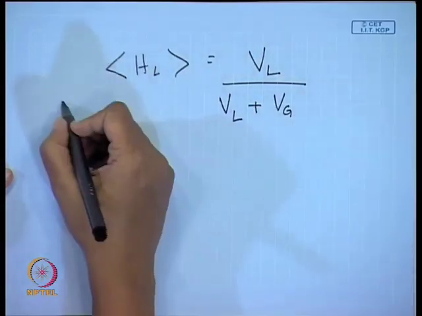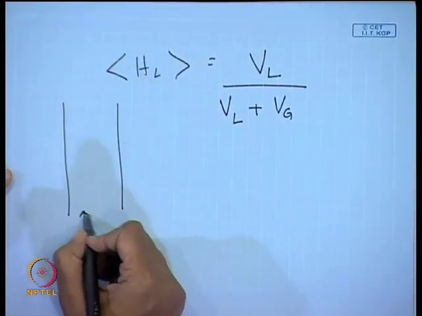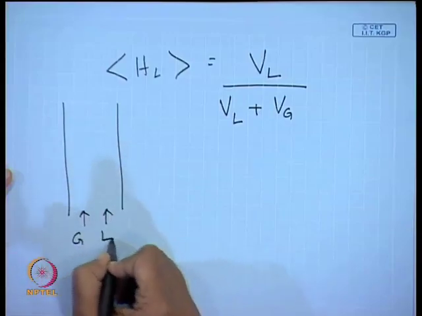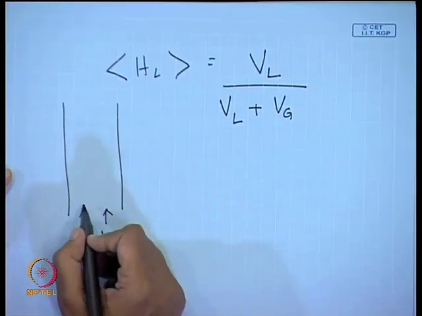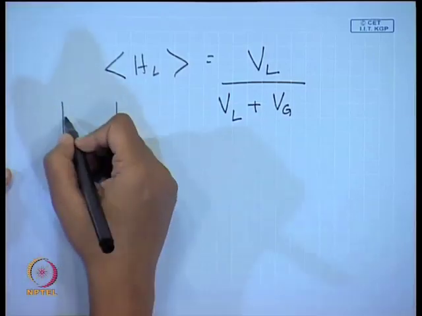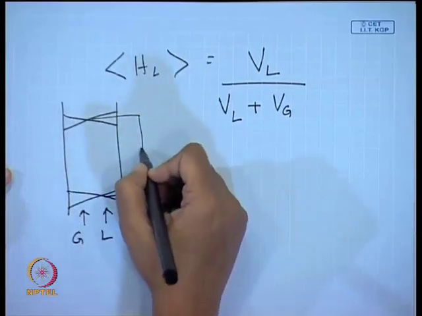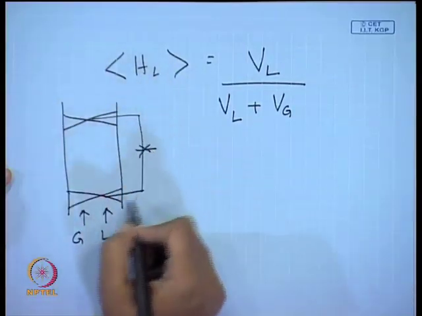V total. So, suppose we have a channel in this particular way, and suppose a gas and a liquid mixture is flowing. Suppose we have a valve here, and at one particular instance we simultaneously close both the valves.